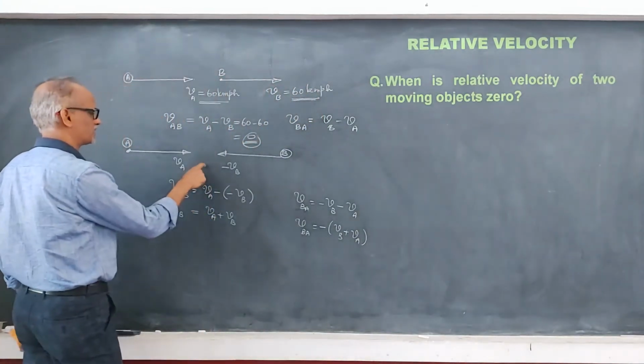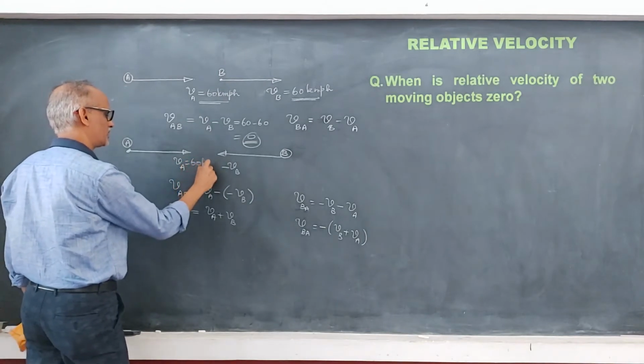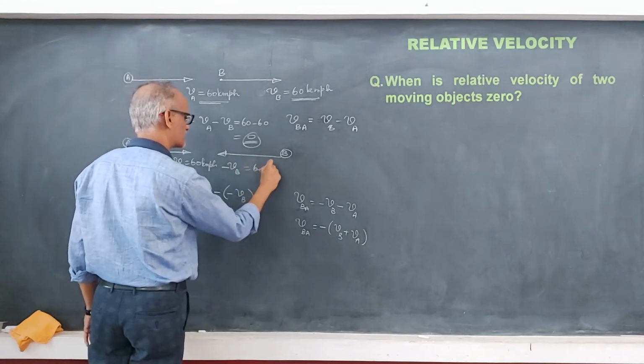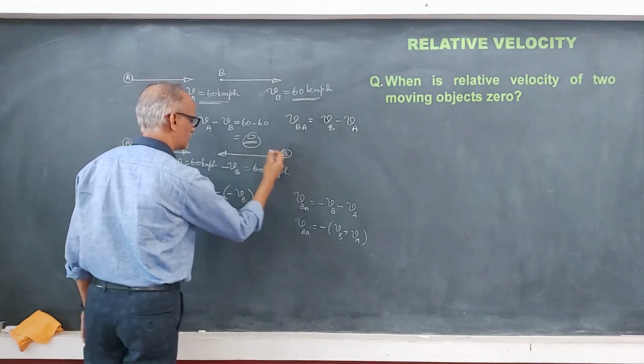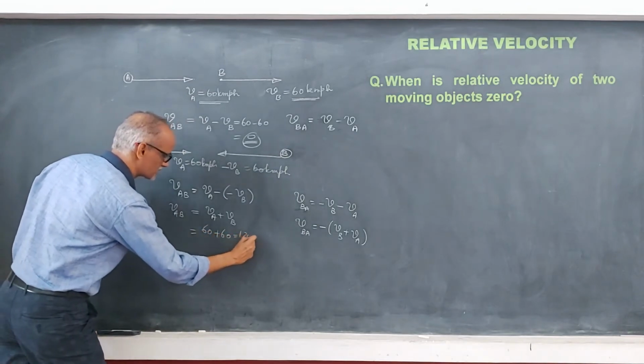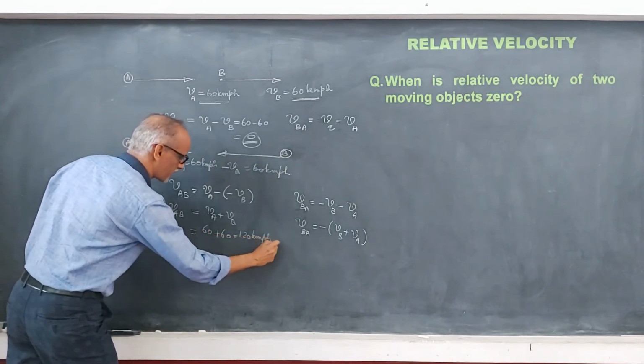What happens if one is moving at 60 kilometer per hour and the other moves at 60 kilometer per hour in the opposite direction? In our case, the two values get added up: 60 plus 60 becomes 120 kilometer per hour.